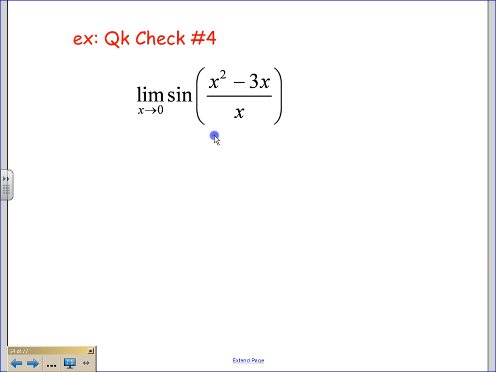If you can treat or see trig as a composition of functions as long as it is continuous, which 0 is in the domain of sine, how would you solve?